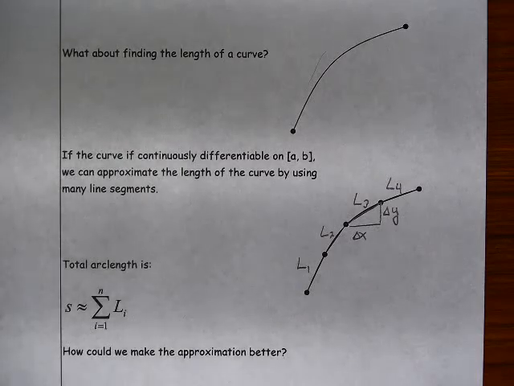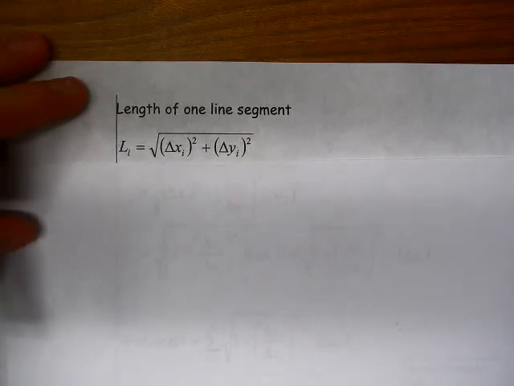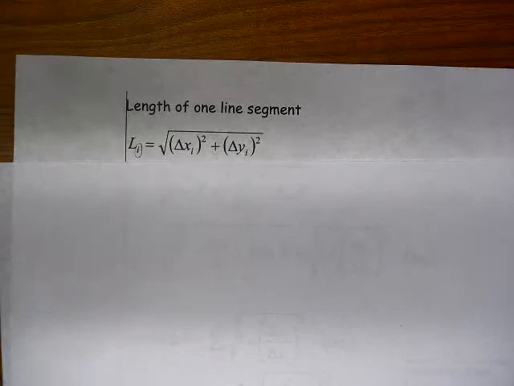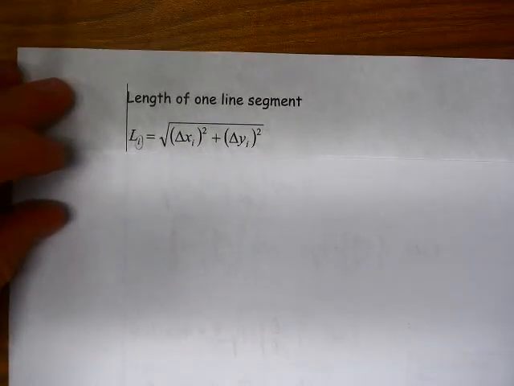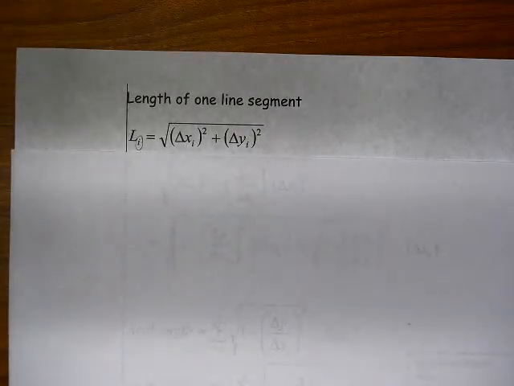So let's take a look at how that will look. For a given line segment i, we have some change in the x value and some change in the y value, and the length of that given line segment would be the square root of delta x sub i squared plus delta y sub i squared.